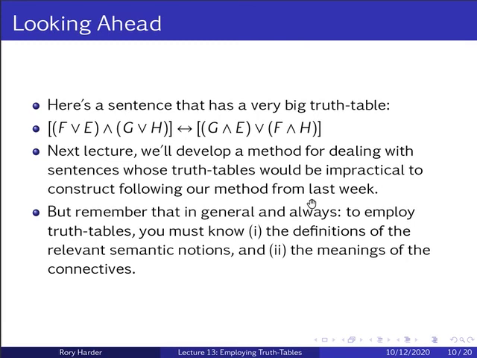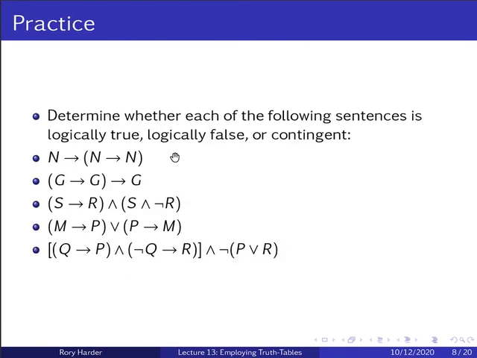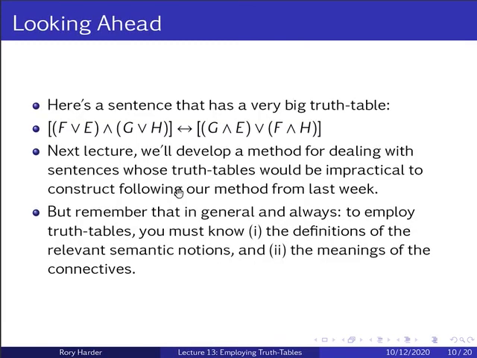Once you master how to construct complete truth tables for sentences like this, there is a further method of short truth tables or partial truth tables, which I'll be talking about next lecture, which we can use to test sentences with many atomic sentences without having to spend the time and the space on our page creating giant truth tables.